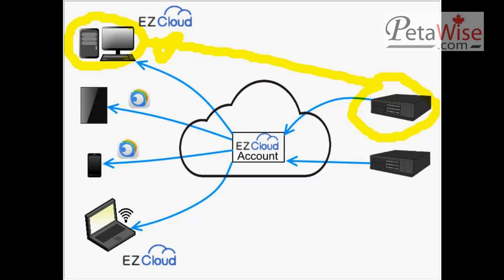So you can see here in the diagram, we have two different NVRs tied into one EasyCloud account, and you can pull up either of these NVRs on any number of devices that you want to access it with, the EasyCloud website on a PC or EasyView on a mobile phone. And of course, you can have any number of NVRs added to one account.